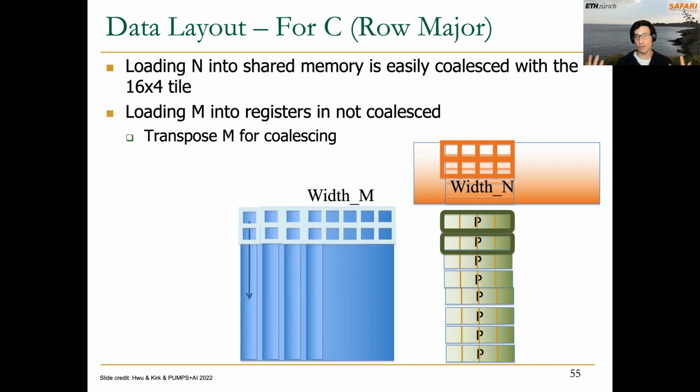There are different potential ways of dealing with this. One, a straightforward way, is to transpose matrix M such that each of these columns becomes a row, and this way we can have coalesced accesses because consecutive threads will be loading consecutive elements from global memory.